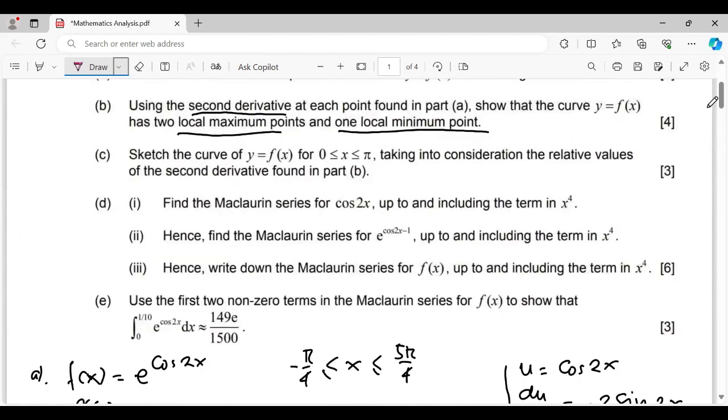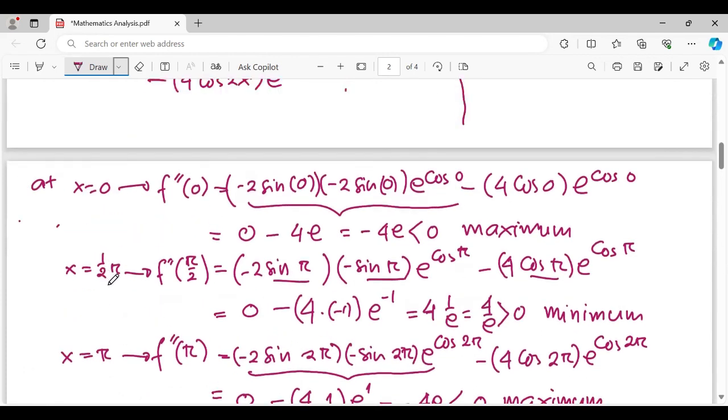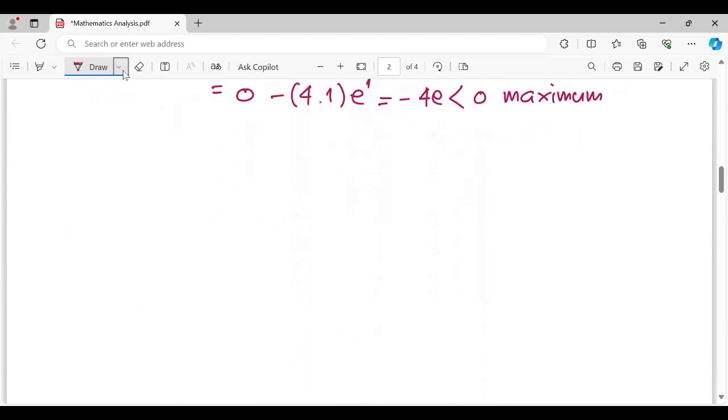Part C: sketch the curve y equals f(x), taking into consideration the relative values of the second derivative found in part B. Oh, so we are going to sketch using this result, 0, half pi, and as well pi. y equals e power cosine 2x, with x interval from 0 to pi.